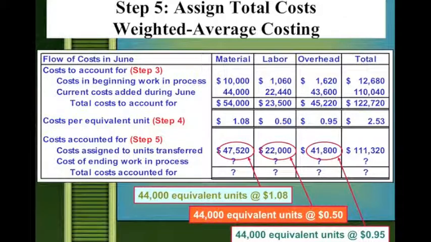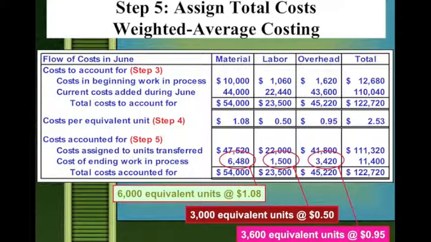And then in labor, I know it's 22,000 that I have here because it's 44,000 transferred out times 50 cents. And in overhead, I have 44,000 equivalent units times 0.95 that I know is getting transferred out. So that's how I see it.